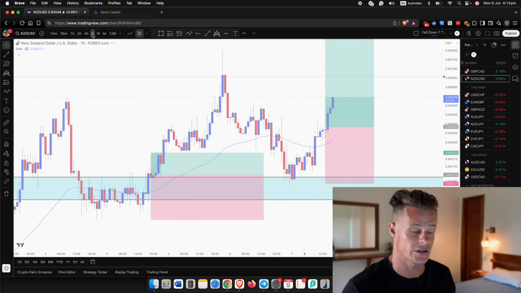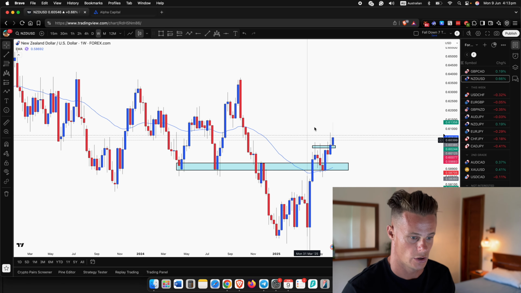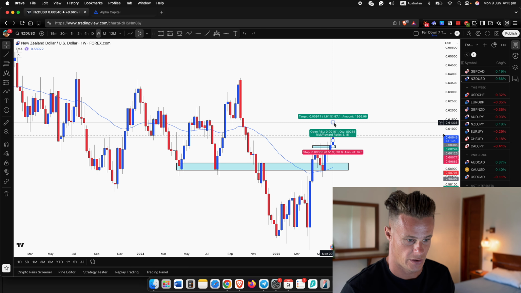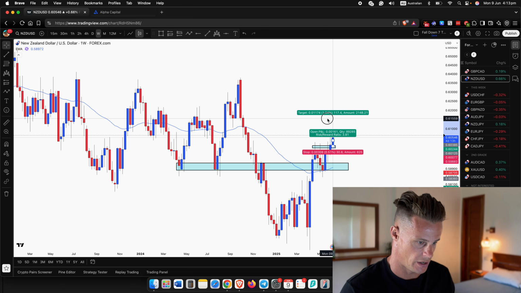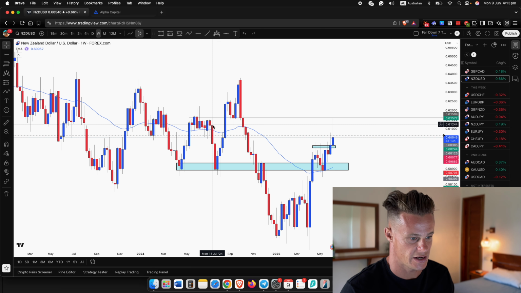I think this trade, NZD USD and all the USD pairs, can potentially go all the way up here, which would be the first resistance. You can see it was resistance here. We rejected, we broke it, we used it as support, went higher and then broke again.